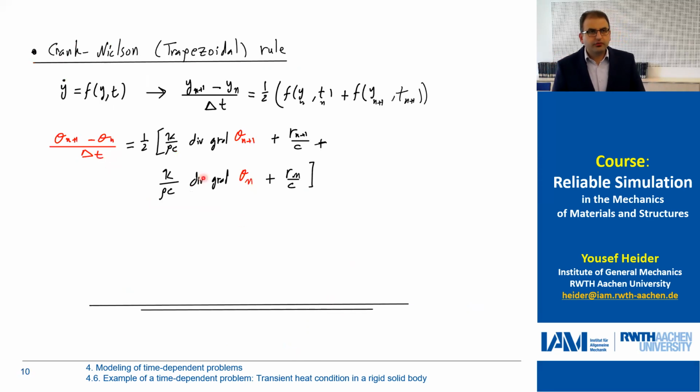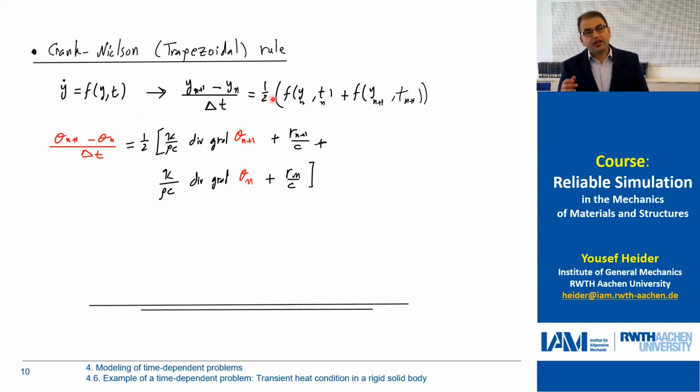Alternative to these two methods, we could also apply the Crank-Nicolson trapezoidal rule, which combines information from the previous time step and from the next time step. It can be applied to a first-order differential equation of this form by taking (y_{n+1} minus y_n) divided by delta t, exactly the same left-hand side term. Then the function is taken at the previous and the next time step, multiplied by half, so the average.